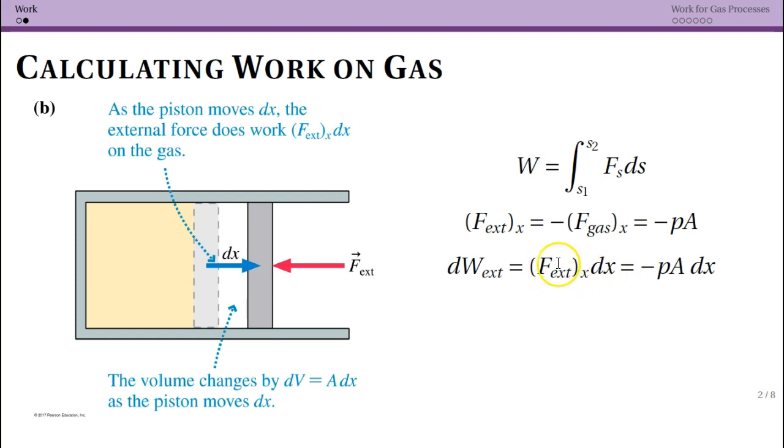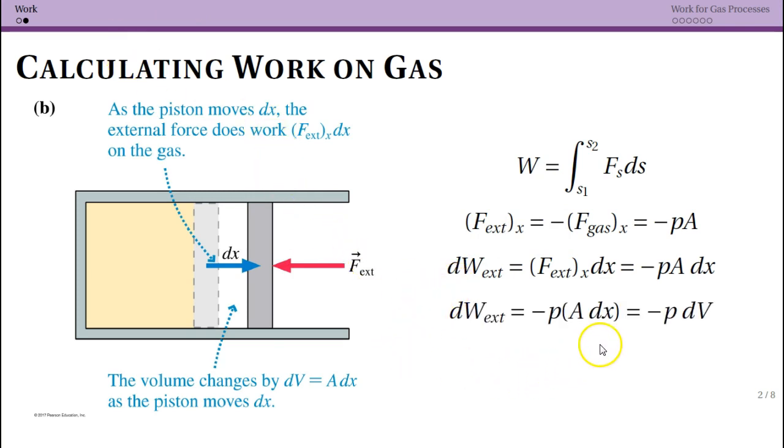So in the x direction, F external was equal to negative PA, and this is a one-dimensional problem. We have no other directions to worry about. So we now have a tiny amount of work done equal to the pressure at that moment in time, times the area, which is fixed, times dx, that tiny amount that the piston has moved over to the right, and we have a minus sign since our force is pointing in the other direction.